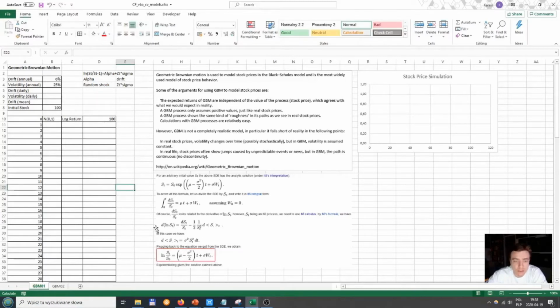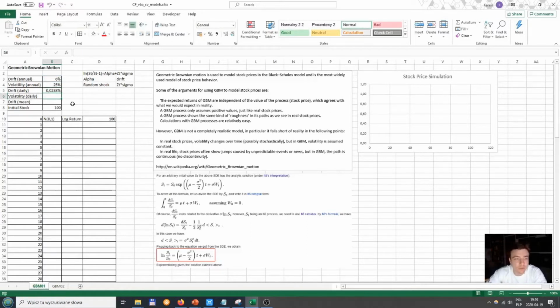So let's start with the constant part, and in this initial exercise we want to simulate daily rates of return, daily logarithmic rates of return. So if I have drift equal to 6% per year, then my daily drift would be equal to this 6% divided by the total number of trading days, and as you know we use 252 days in a year.